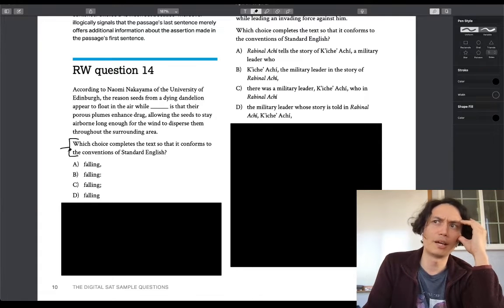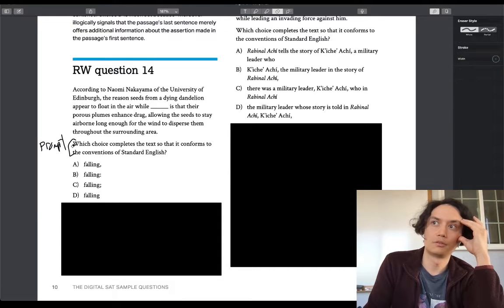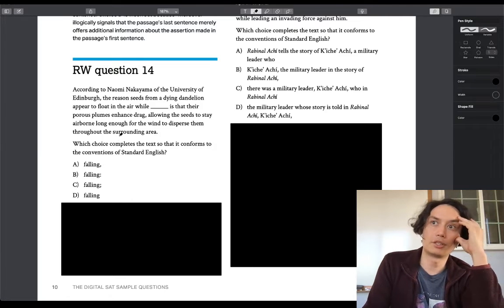Now we're just reading for grammar. I really don't need to pay anywhere near as much attention as I did in the main idea or the purpose questions. All right, y'all, read the prompt first. Which choice completes the text so that it conforms? So this is just which of these is grammatically correct.